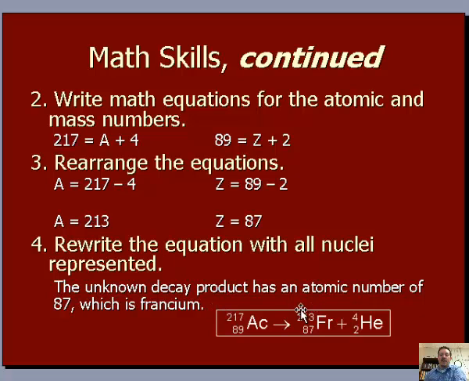So we're going to write that here. And then Z, rearrange, so subtract 2 from both sides, 89 minus 2 is 87. That's our new atomic number. So looking at the periodic table, element 87 is francium. So that's our new element.